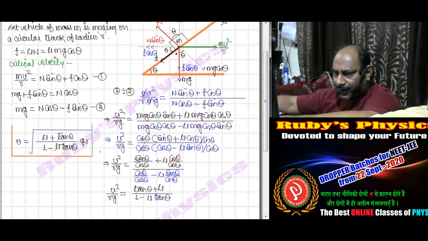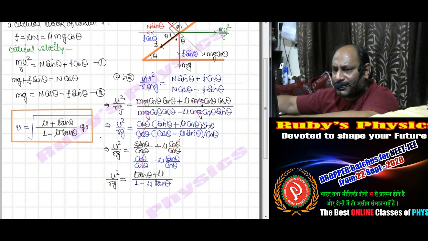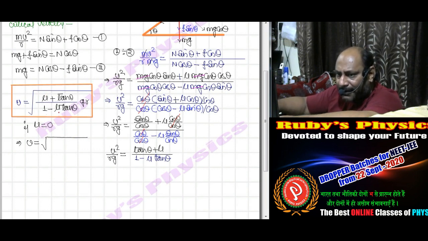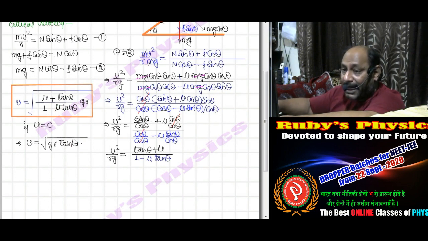Now you can ask that mu also appears, so it will also cause damage to the tires. Let me put that if mu equals 0 in this expression, can I get v equal to under root of, see, mu is 0, tan theta, and in the denominator mu is 0, left with 1, so it is g r tan theta, which is not equal to 0.